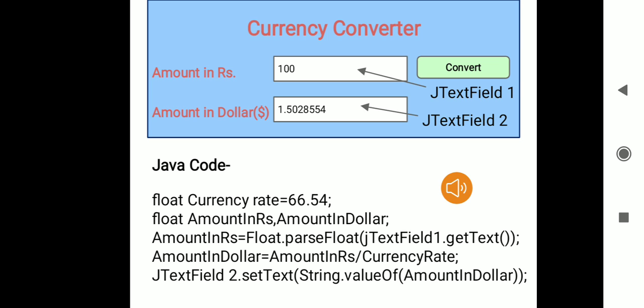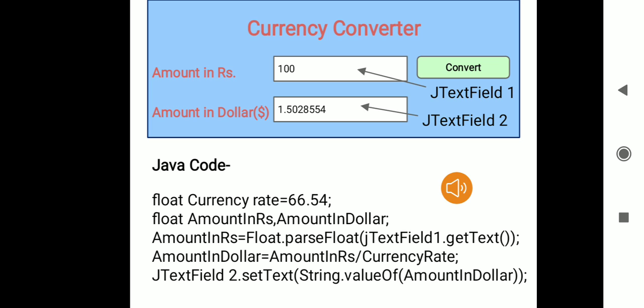This is shown by the statement float.parseFloat, then within bracket JTextField1.getText, and once the value 100 gets converted into decimal, it becomes 100.0. So the supplied input, which was 100, finally gets converted into the floating point value 100.0.